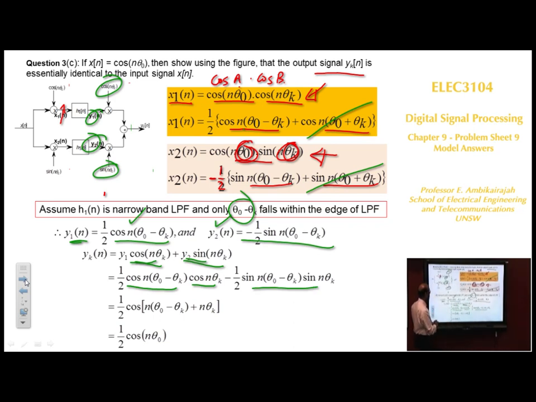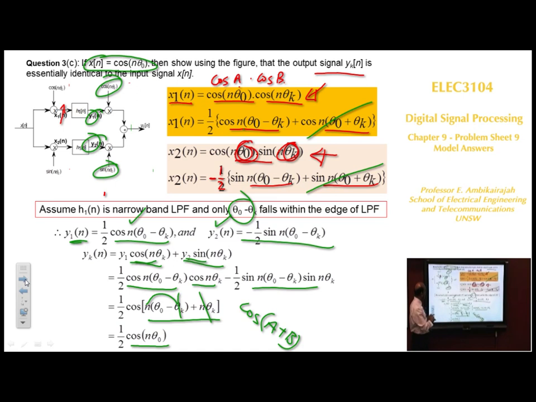And if you look at the formula, this looks like cos(A plus B) is cos A cos B minus sin A sin B, in that format. So you combine them, you will get this. And now when you multiply that, it cancels with that, and you end up with half cosine theta naught. So the input was cosine theta naught, the output is scaled by 2.